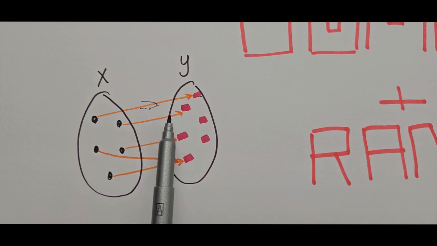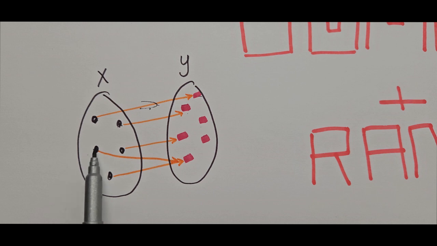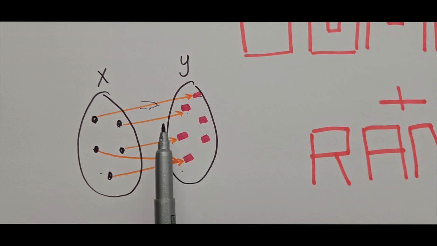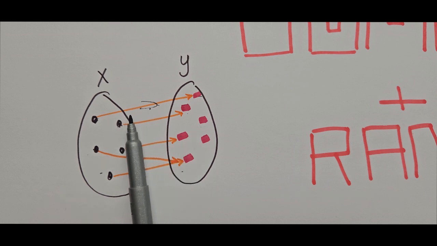This is input, this is output. And as you can see here, two different elements are related to one output, or one y value. So again, x is input, y is output, and the arrow is the operation.